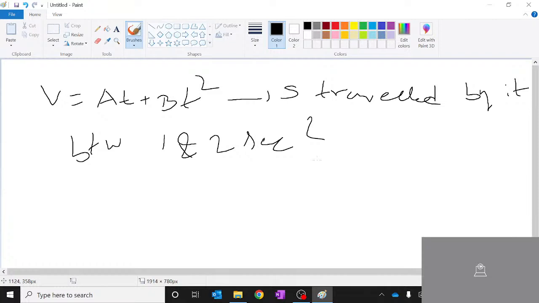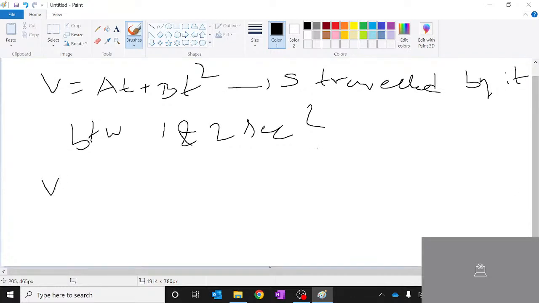Now we all know, when you have v equal to at plus bt square, simple concept. If you remember what we have seen, velocity is nothing but at plus bt square.